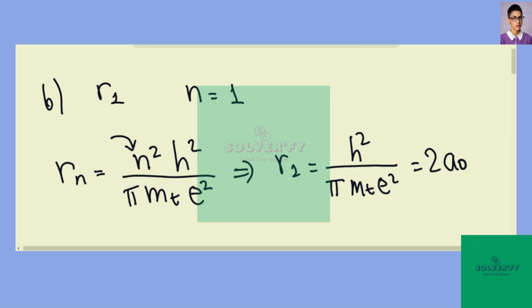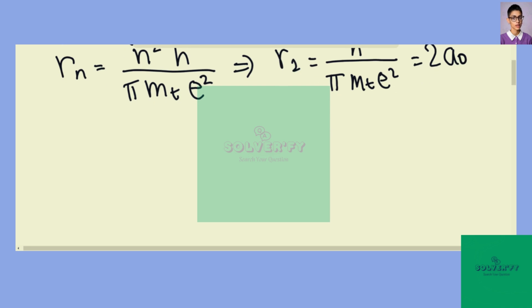We know the value for the atomic radius, this a sub 0, also known as the Bohr radius, which has a value of 5.29 times 10 to the minus 11 meters.